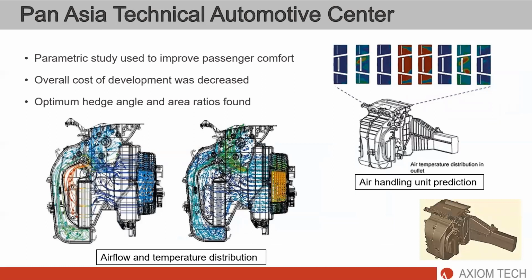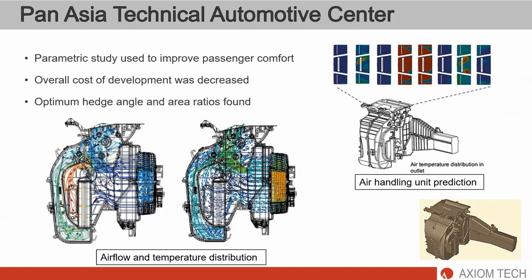The next customer story is from the Pan Asia Technical Automotive Center. The task was to improve passenger comfort in a car, and thanks to easy to learn software, even engineers and designers could perform simulation to create the design.